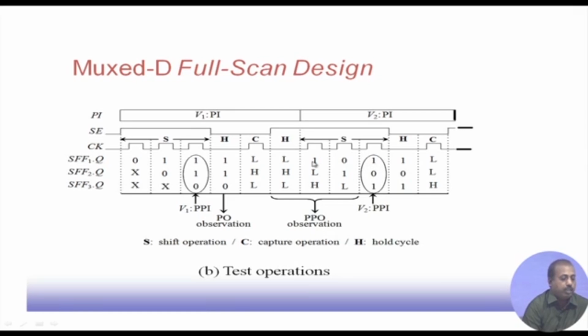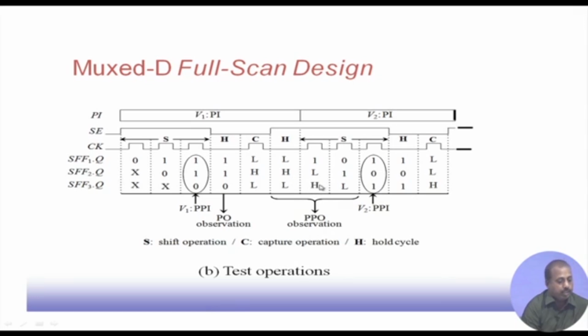So, this 1 is shifted at the first clock cycle. As a result, this L that we had at flip flop 1 gets shifted to the second scan cell, and this H of the second scan cell comes to the third scan cell. As a result we can view this second scan output. This FF2 output corresponding to the previous pattern is now observable.